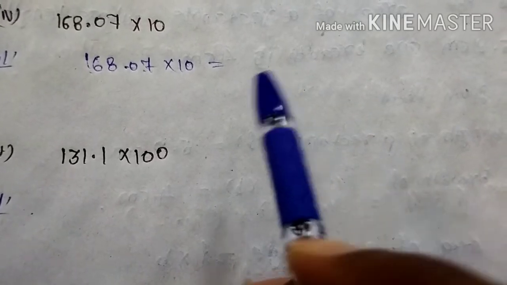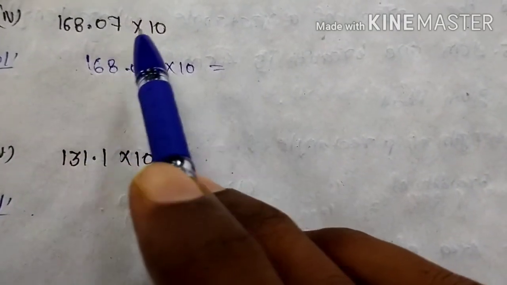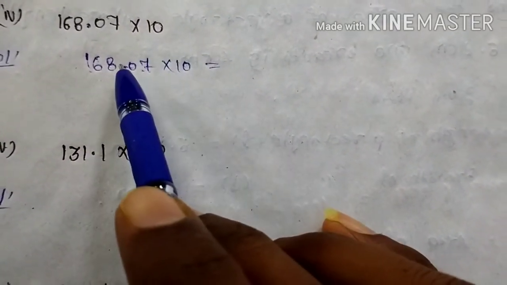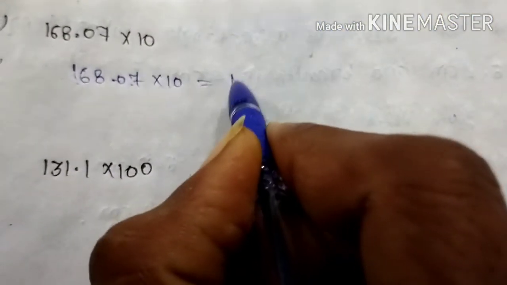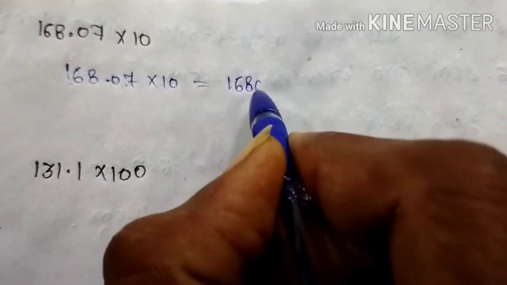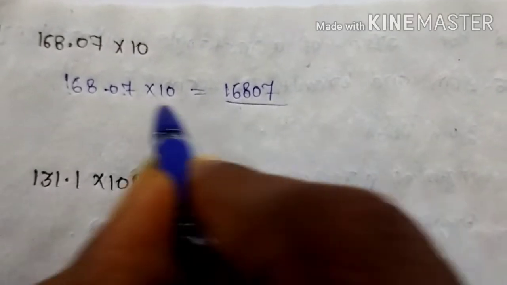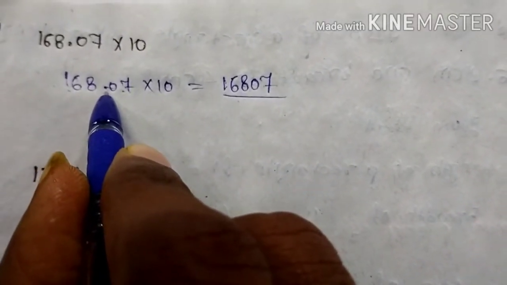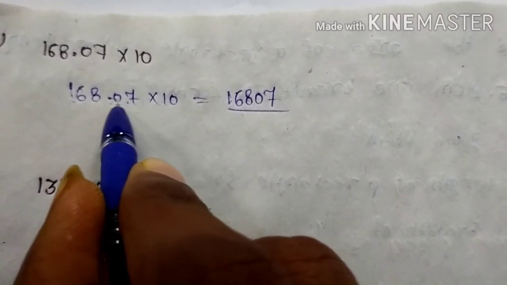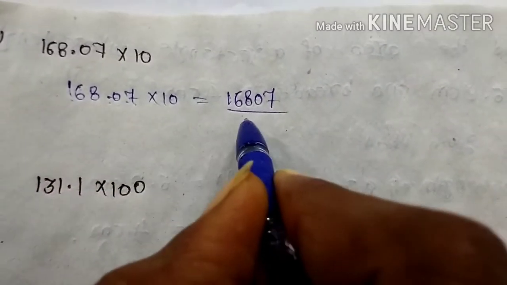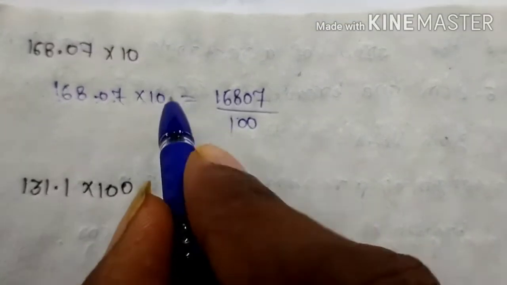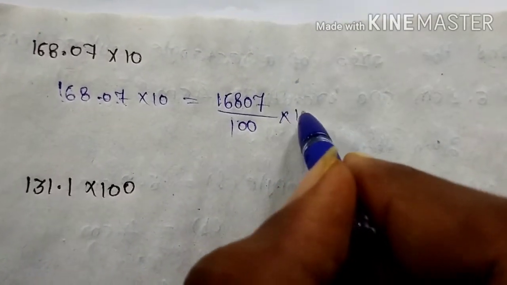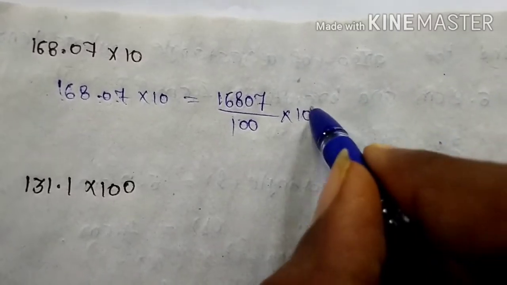Now you can see one more problem: 168.07 into 10. Write the decimal number as a fraction. 168.07 by, after the decimal point, how many digits are there? Only two digits, so you write two zeros. That means 100 into 10. If possible, simplify: 0 0 cancel.